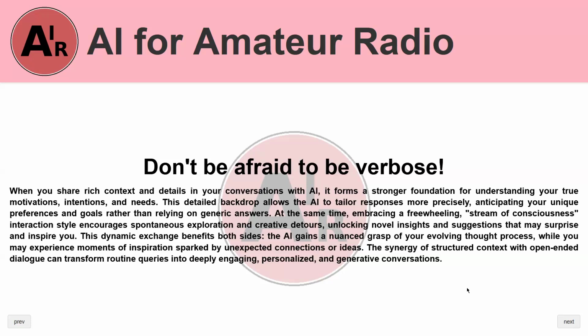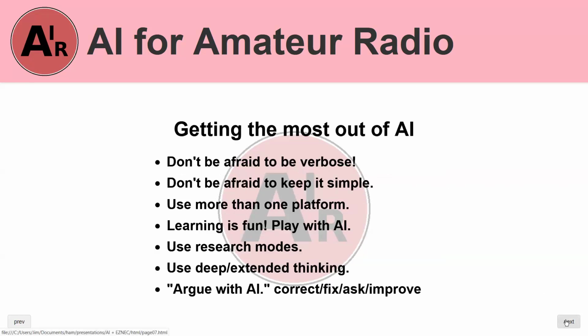If you hadn't explained what you were trying to do, if you just said, give me a widget, it'll just give you a widget. But if it says, well, actually, you need a thingamabob, and you get a thingamabob instead, and that works way better for you, well, win-win. So that was my top point. Don't be afraid to be verbose for getting the most out of AI. Top point.